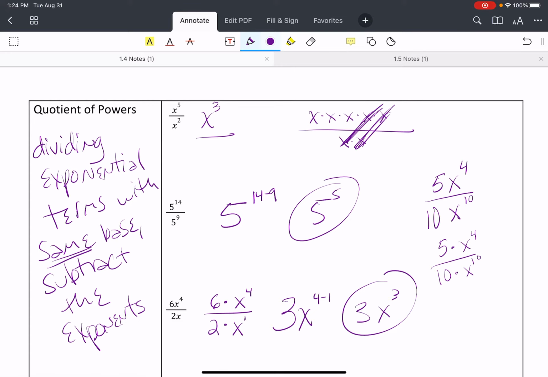Close. Half. 1/2. The 2 is on the bottom. Times x to the negative 6. Could you just do 0.5? Sure. 0.5 x to the negative 6 was good too. Where's the negative 6 come from? 4 minus 10. Perfect.